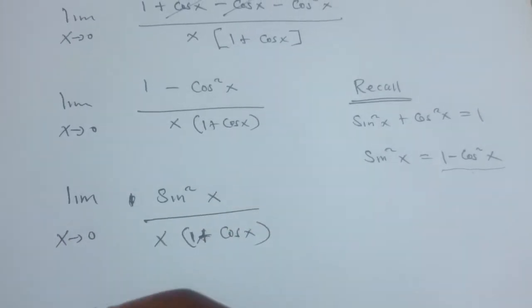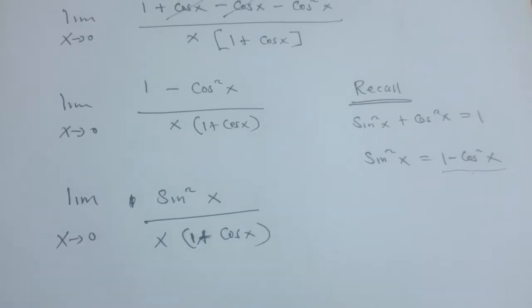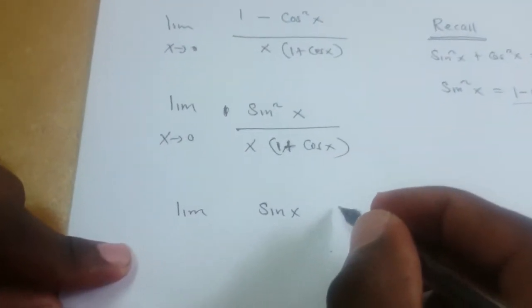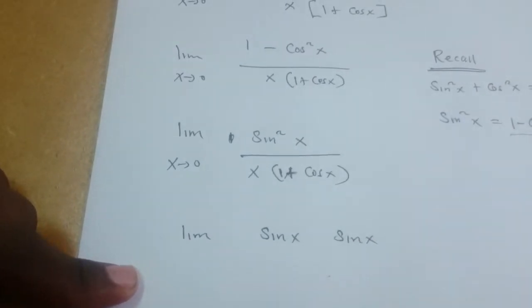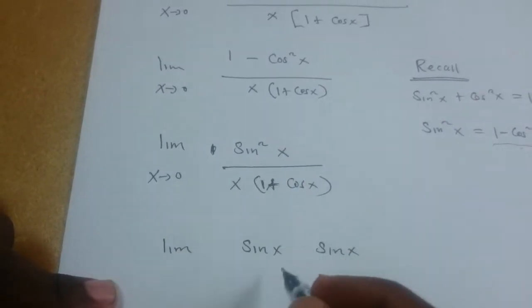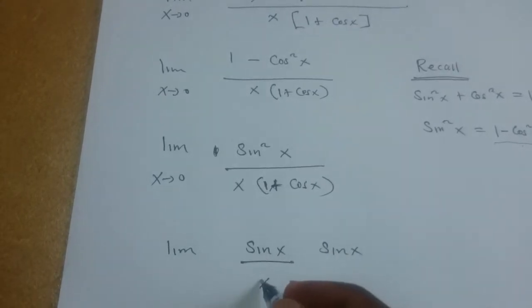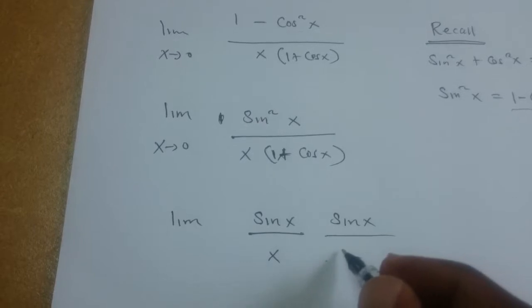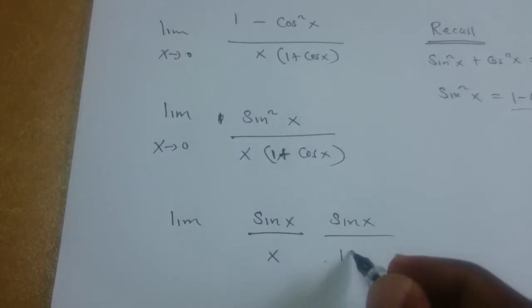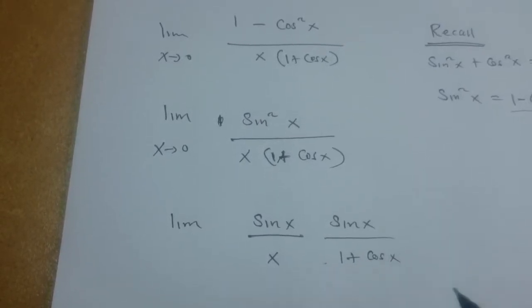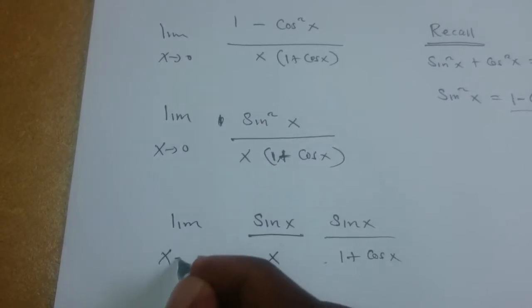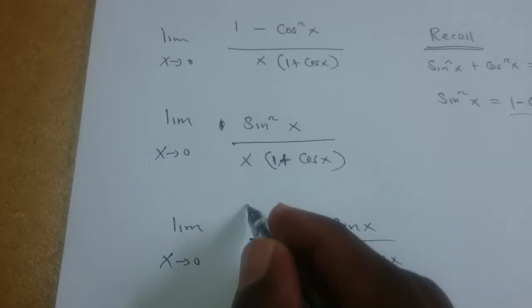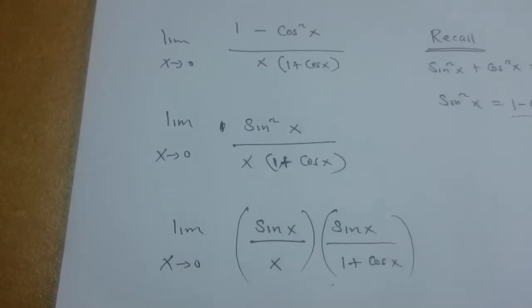Then squared means we can write it as sine x times sine x, over x times 1 plus cos x, as x is approaching 0. So we can write them like this.